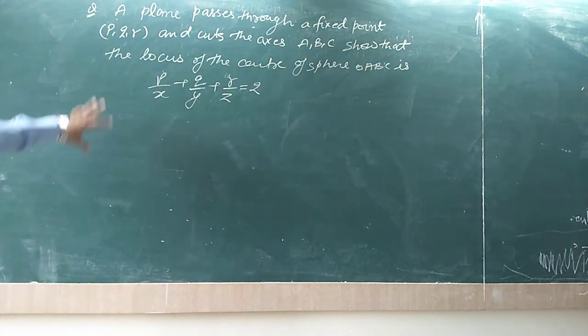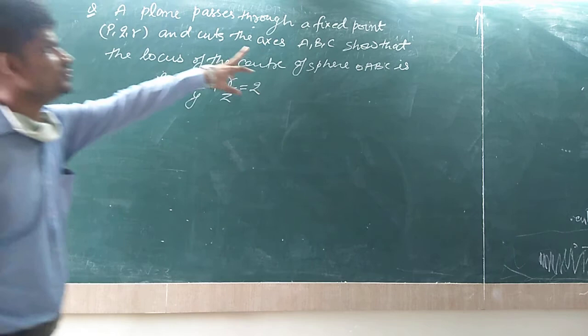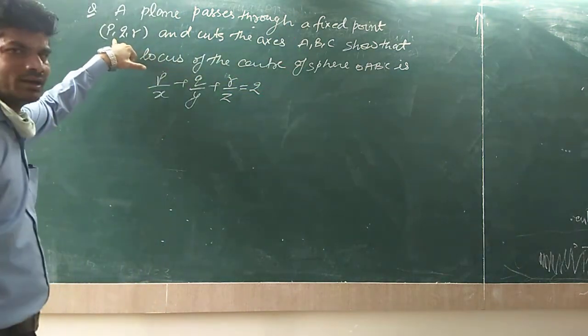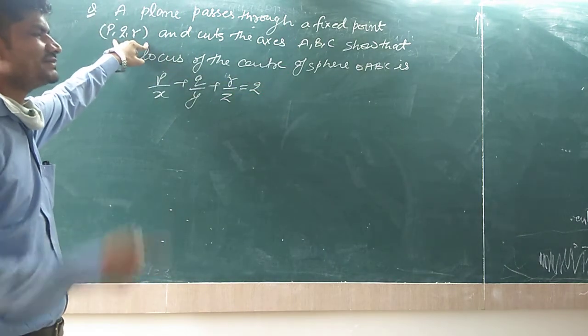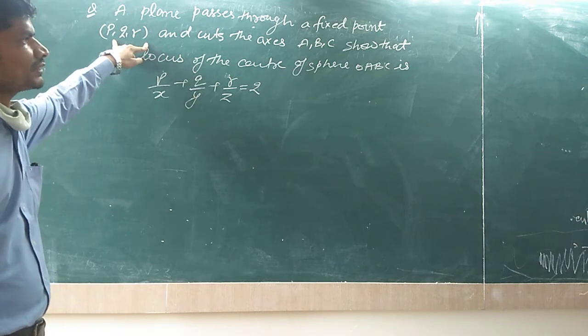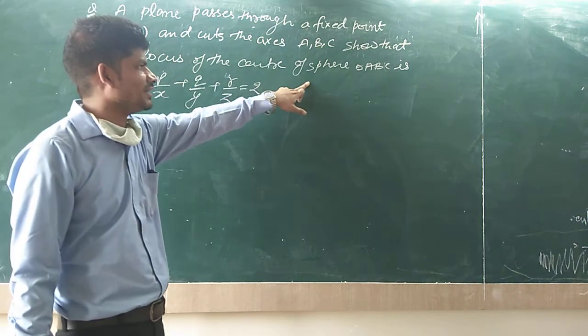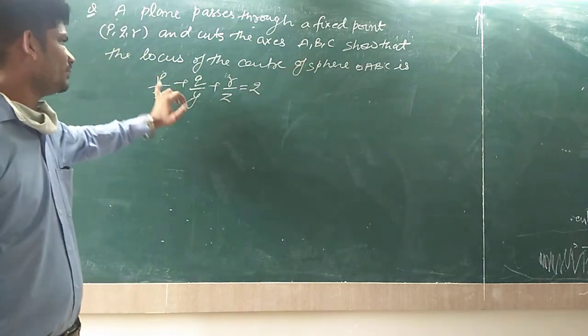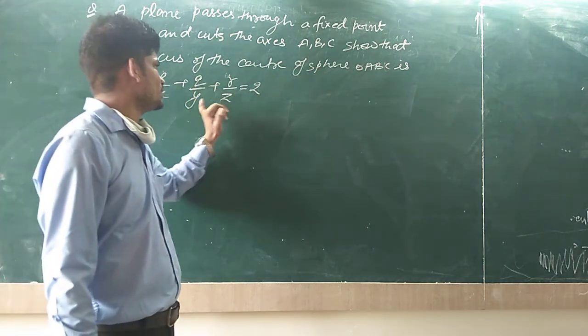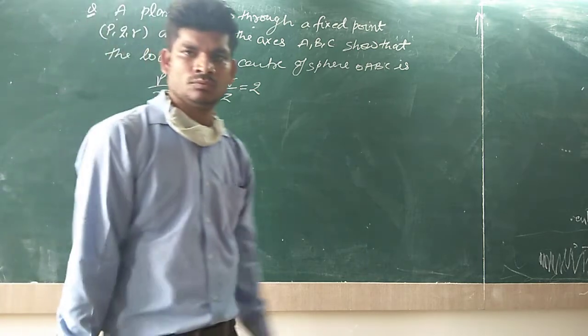This is the problem. A plane passing through a fixed point PQR and cuts the axes at ABC. Show that the locus of the center of the sphere OABC is P upon X plus Q upon Y plus R upon Z equal to 2.